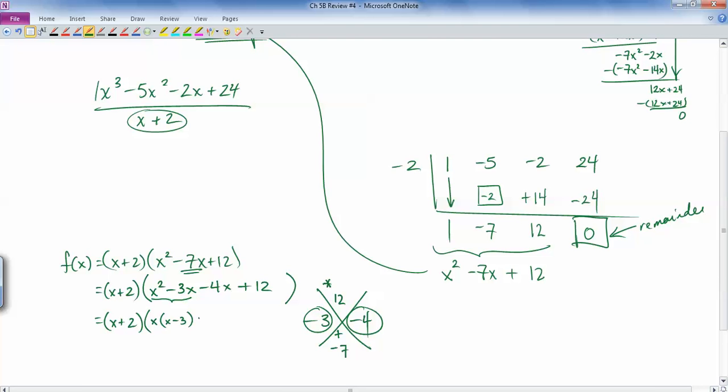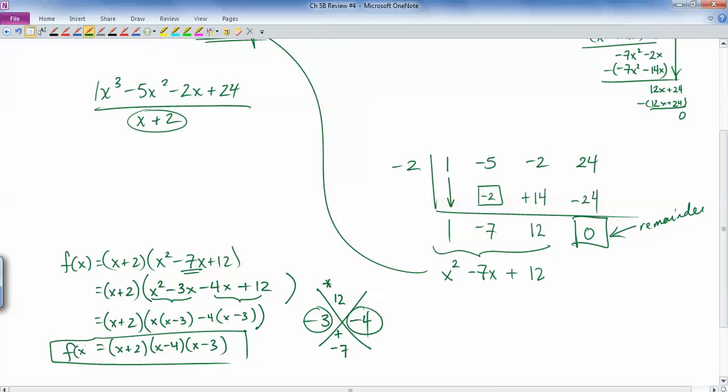And then if I take out a negative 4, I'll get the same x minus 3 for these two terms. And so then I've got x plus 2, and then x minus 3's minus 4 x minus 3's. So I've got x minus 4 times x minus 3. So here's f of x in fully factored form. Okay, hope that helps a little bit.